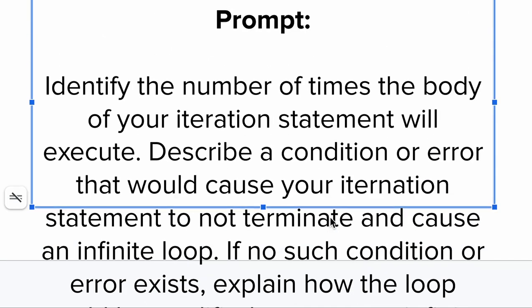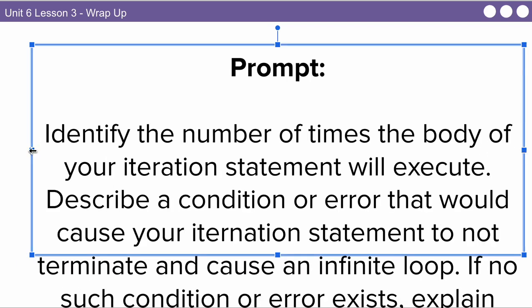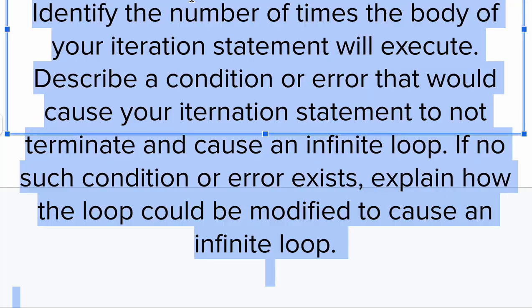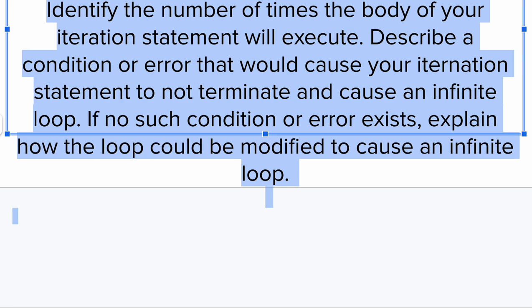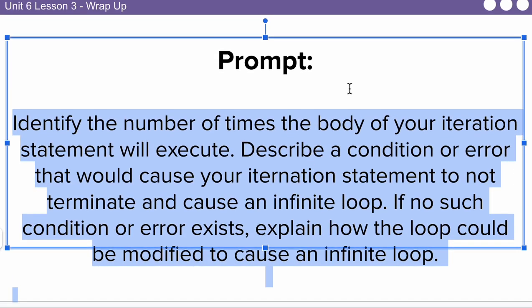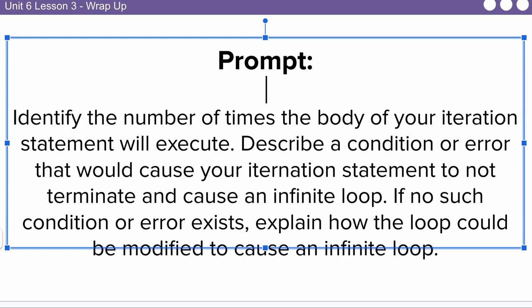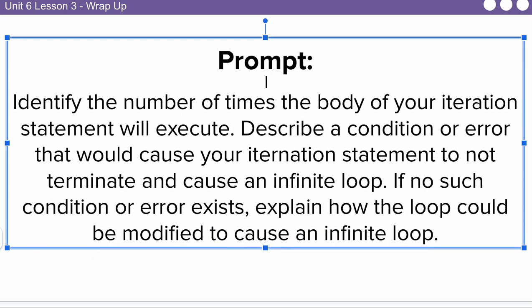Okay, this is literally an AP exam question, okay? From the code that you submit, you will be asked to respond to this, okay? And this is one of the questions that I had to read over while I was scoring AP exams.